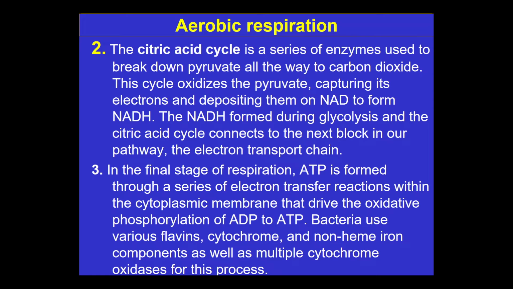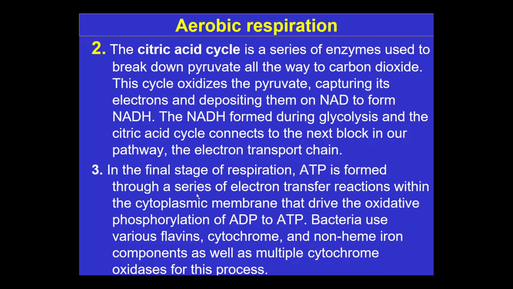Then the second block is the citric acid cycle. That is a series of enzymes used to break down pyruvate all the way to carbon dioxide. This cycle oxidizes the pyruvate, capturing its electrons and depositing them on NAD to form NADH. The NADH formed during glycolysis and the citric acid cycle connects to the next block in our pathway, the electron transport chain, the final stage of respiration.